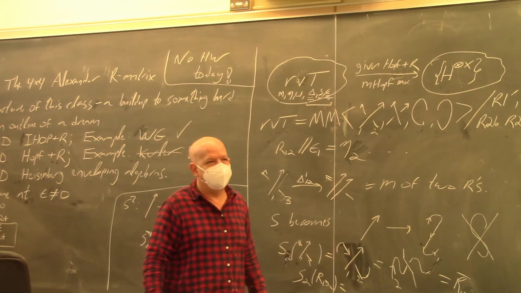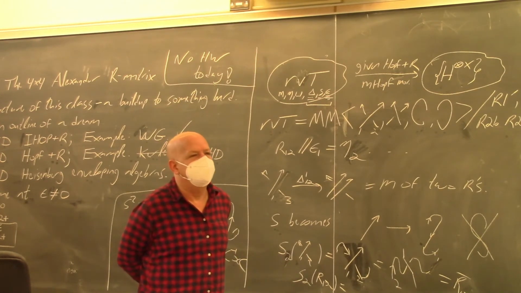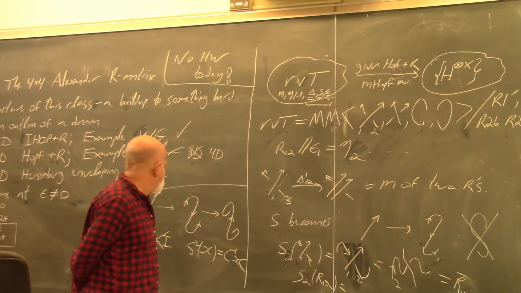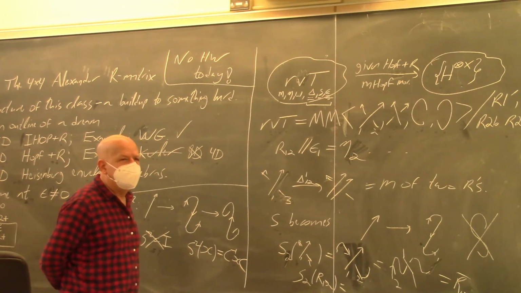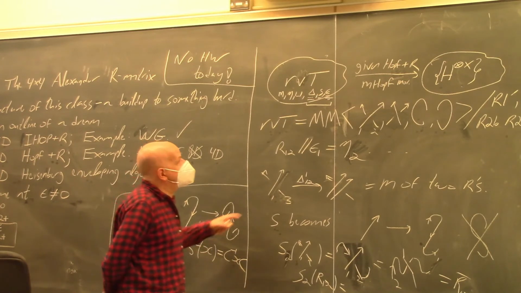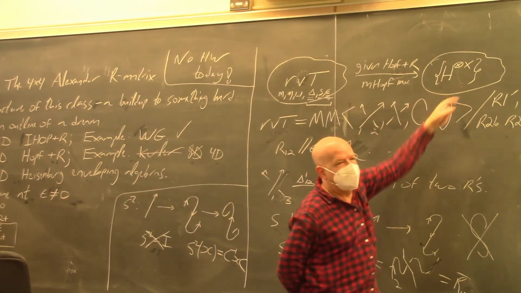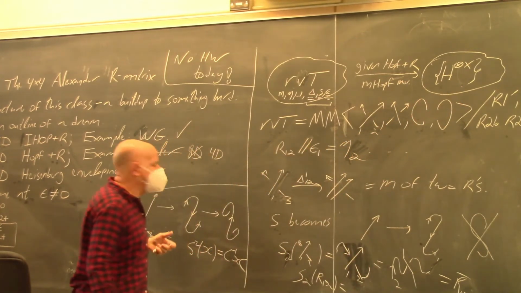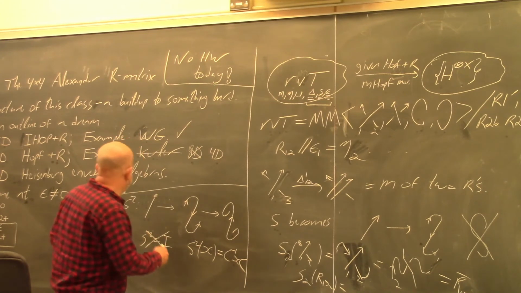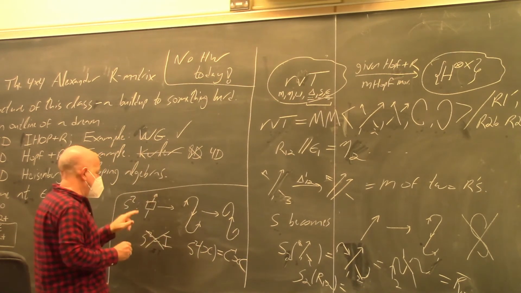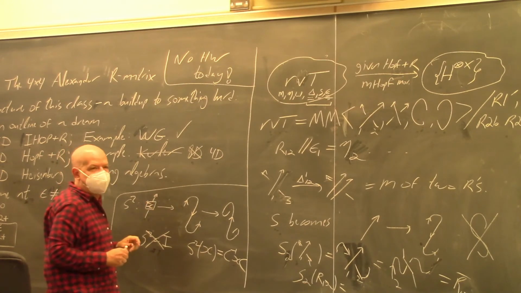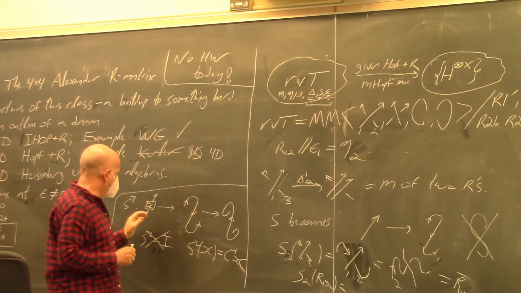Yes? Sorry, I'm kind of confused about the S squared, like S squared of X. What is X again? So I wrote it in algebra language. If you have any element of the algebra, basically, you write elements of the algebra on strands.